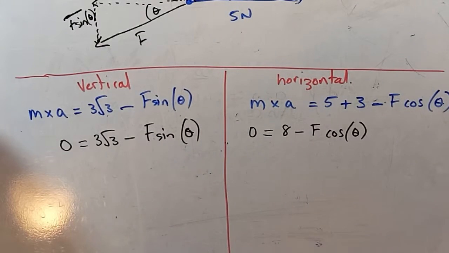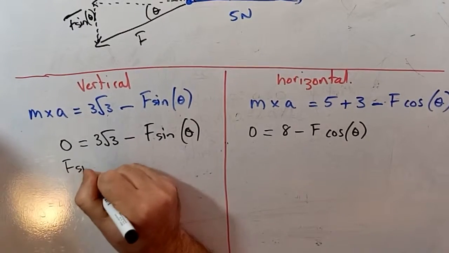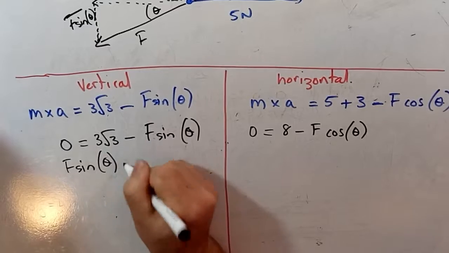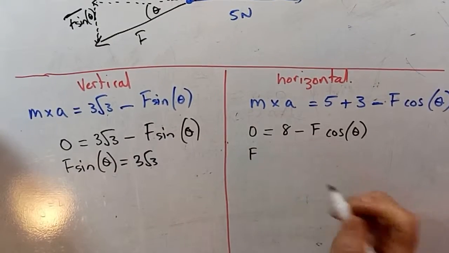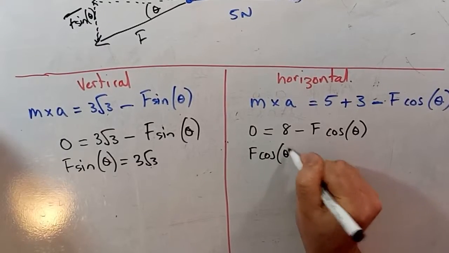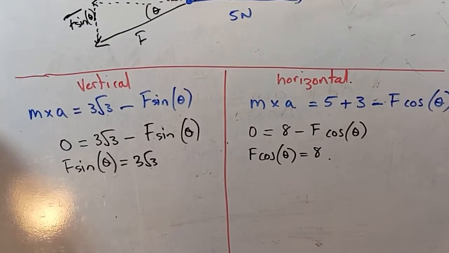Okay, so now I've got F sine of theta and F cos theta. This is all just algebra, a little bit of trigonometry, a little bit of algebra, and we've got it. Okay, so we can put that into our calculator, solve simultaneously, and we've got it.